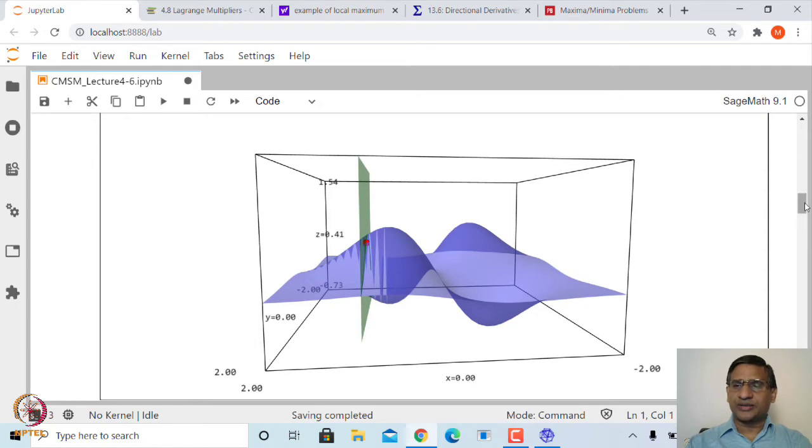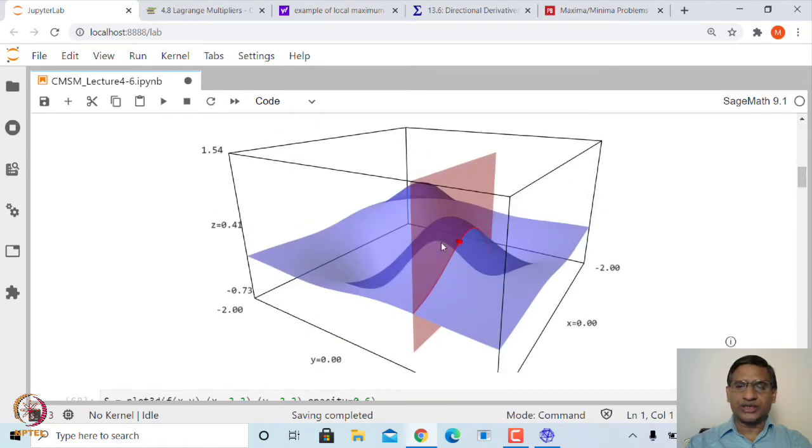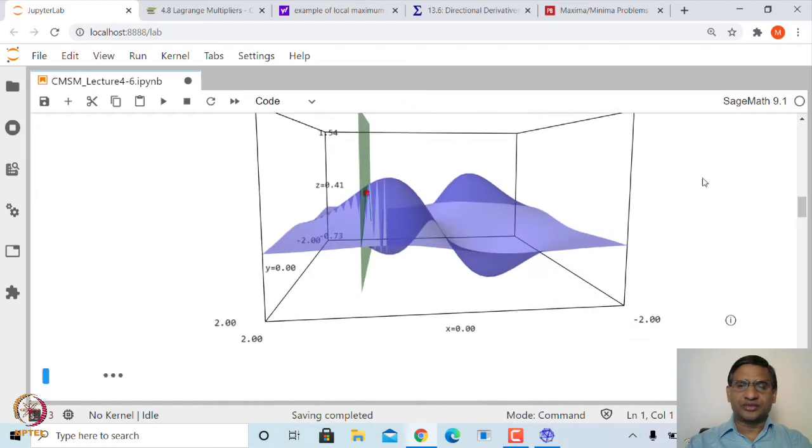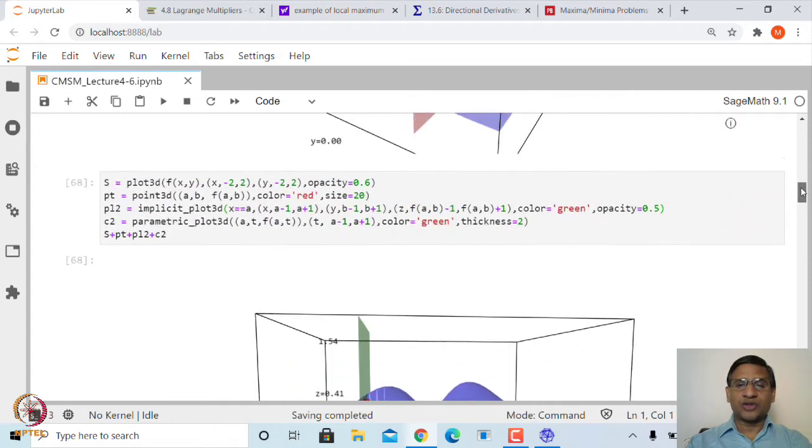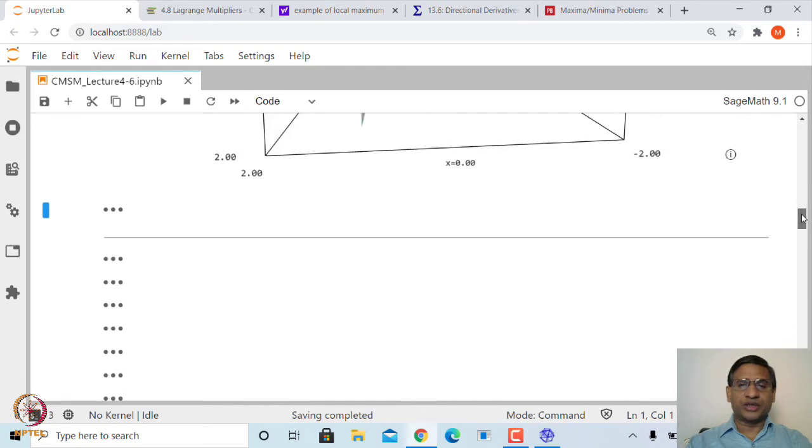Geometrically, the tangent to this curve at this point gives the partial derivative with respect to x in the first case, and with respect to y in this case. That's the geometric meaning of the partial derivative of a function at a point (a, b).